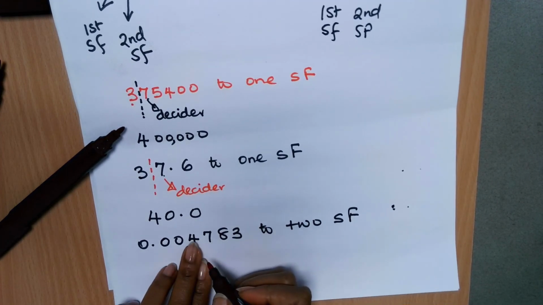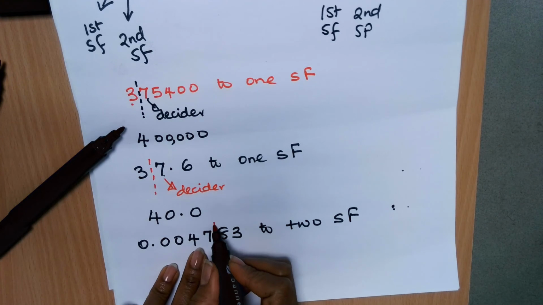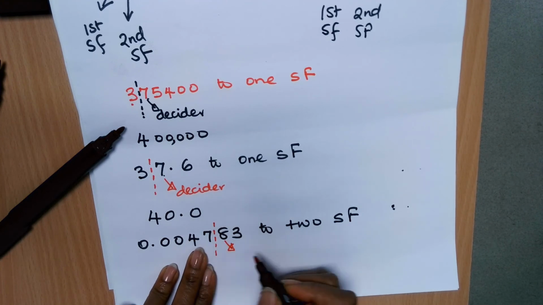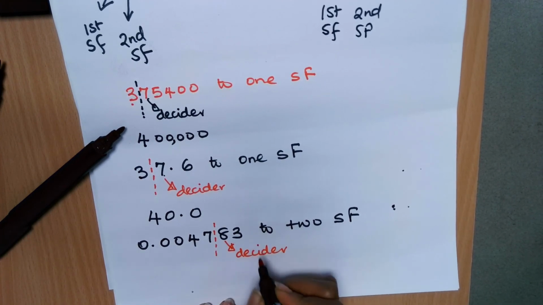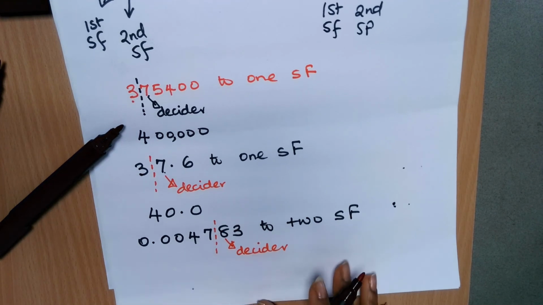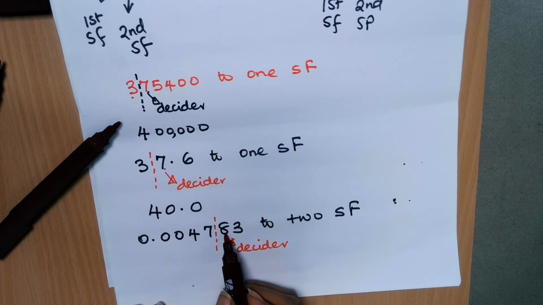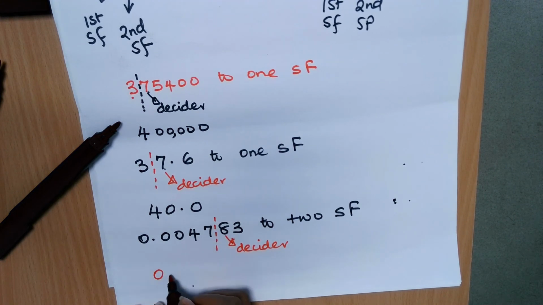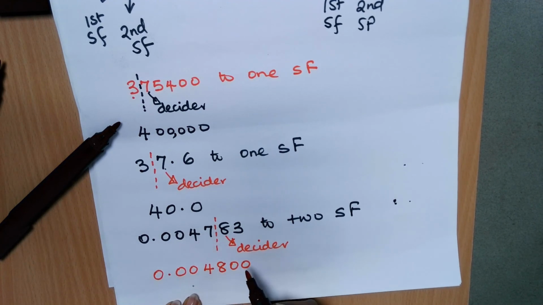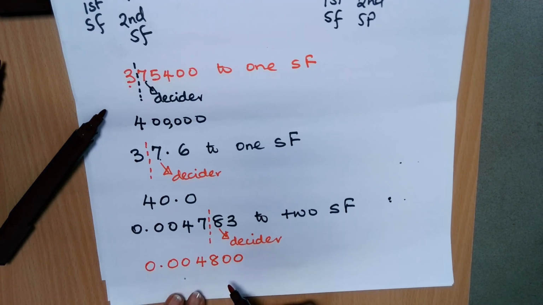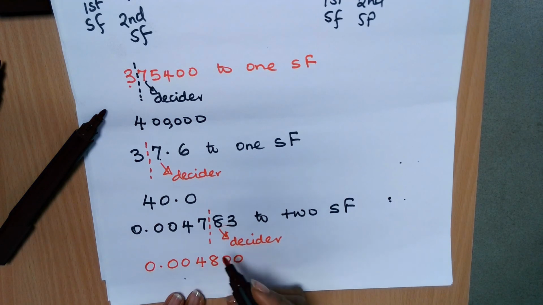All right, so we have 1, 2, and then we put the dotted lines in here, and then this one becomes our decider. So this decides what happens to the rest of the numbers. Because 8 is more than 5, we round up. So our answer becomes 0.0048, and the rest becomes 0, because we have to make sure it has the same value as the question.